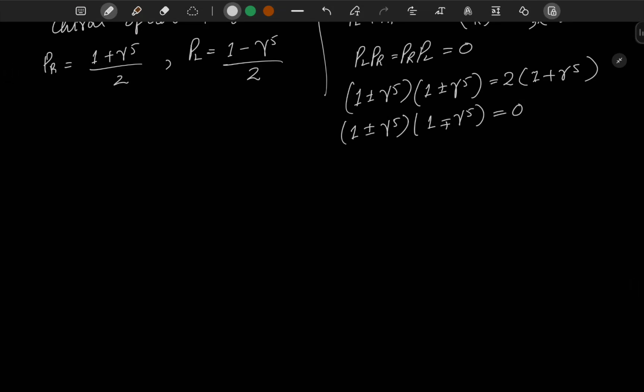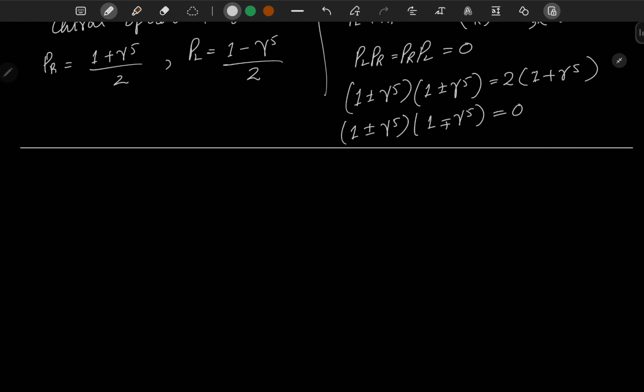Okay, so by introducing these chiral operators, we can decompose our wave function into its left and right parts.